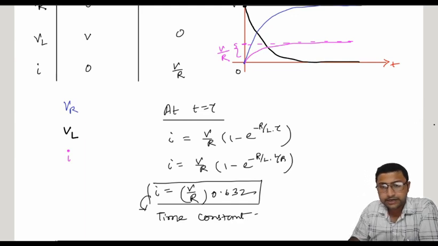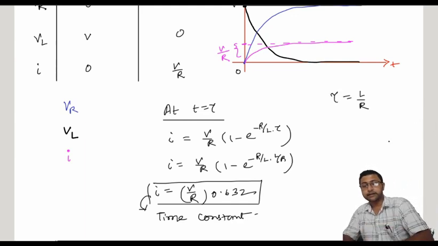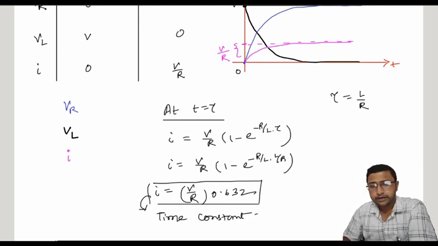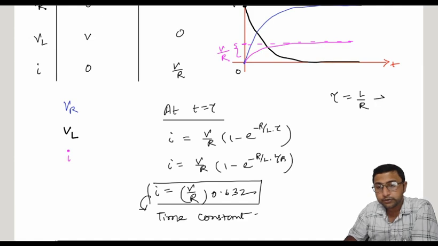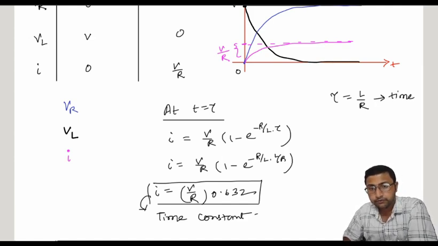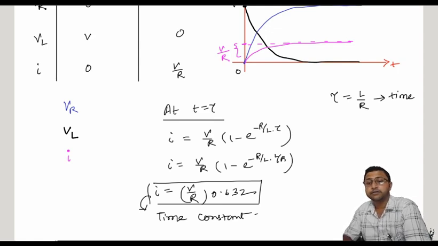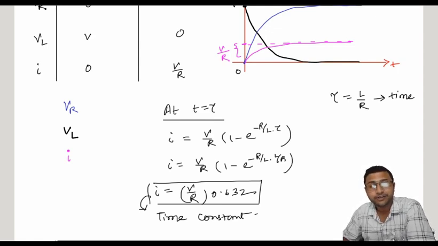Okay, next, one interesting thing I have missed: we have marked that tau equal to L by R for the series RL circuit. It is actually known as the time constant. Very simple: the unit of the time constant should also be time, right? So if anyone asks you to prove that the unit of the time constant is equal to time, how can you prove it?